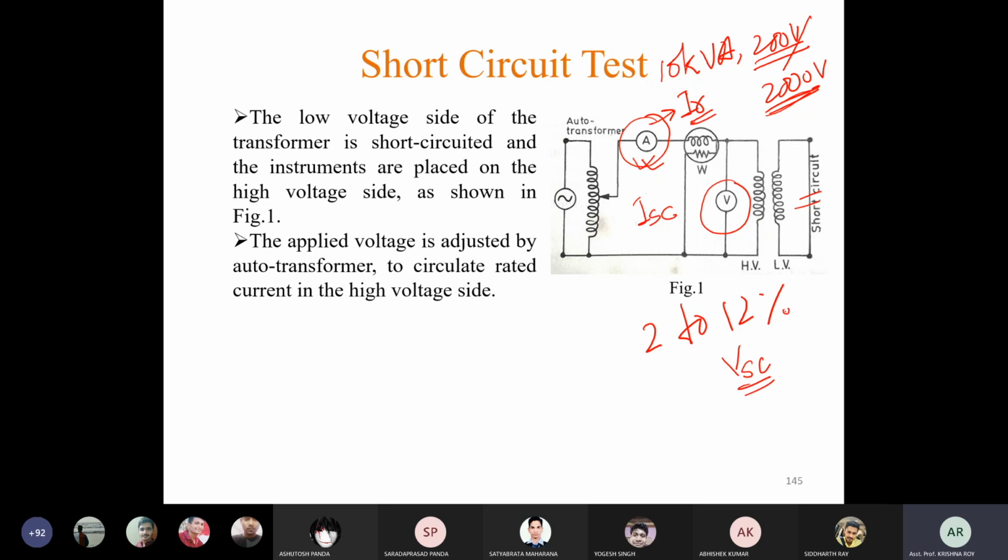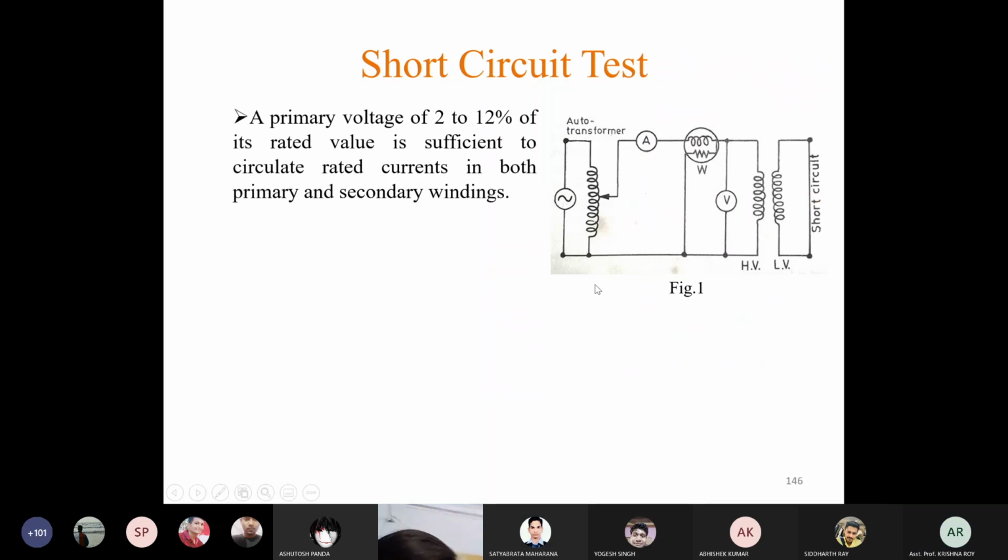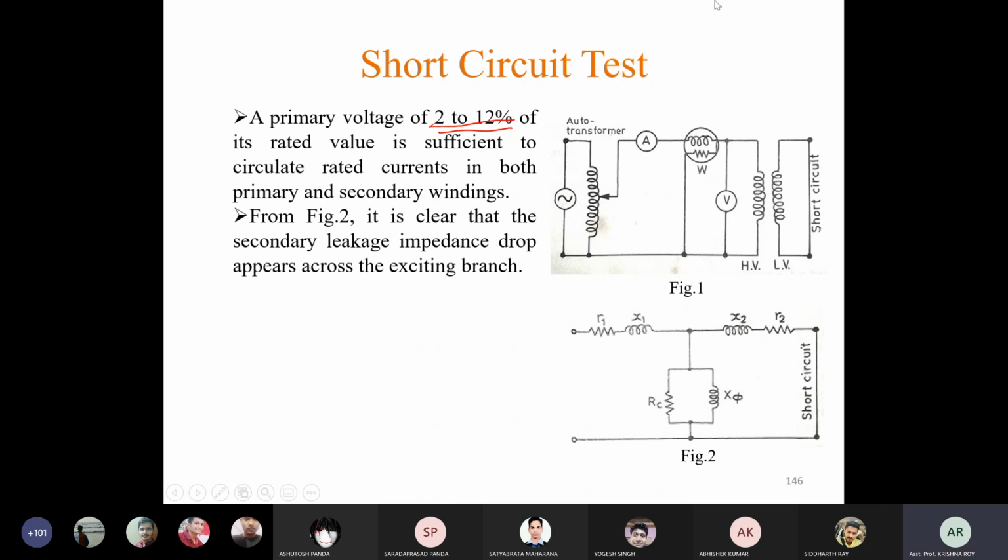Now we have to identify what will be the reading of this wattmeter. Okay, let us see. See, the primary voltage, that means the voltage applied to high voltage side, ranges between 2 to 12%. Now observe this circuit diagram, equivalent circuit.